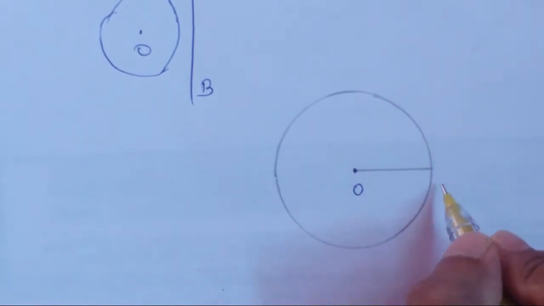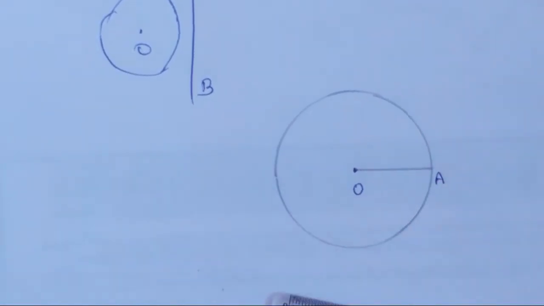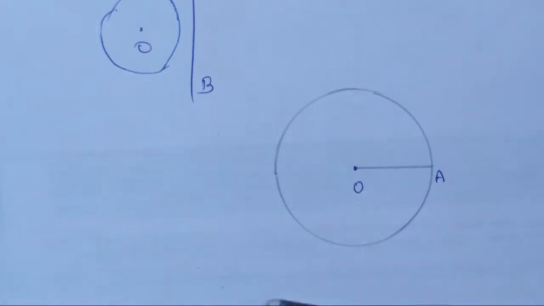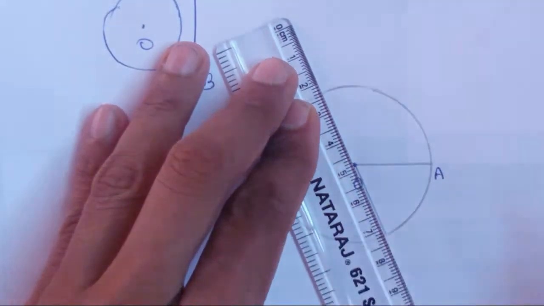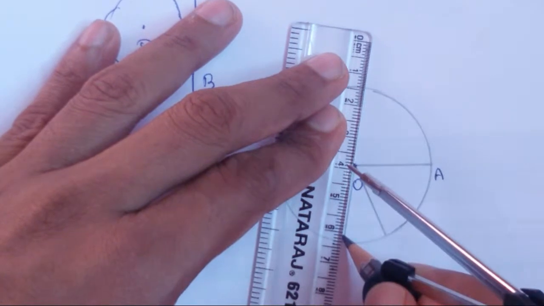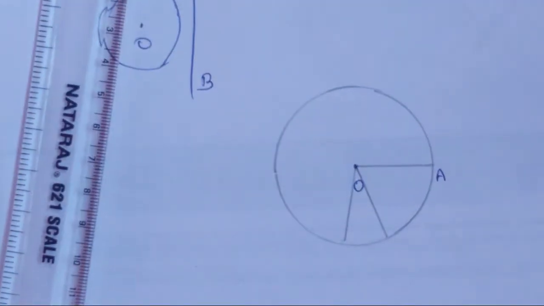For example, if I name this point as A, then OA is the radius of the circle. I can consider any point on the circle and I can join. That gives the radius of the circle.